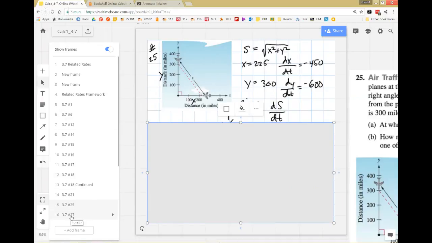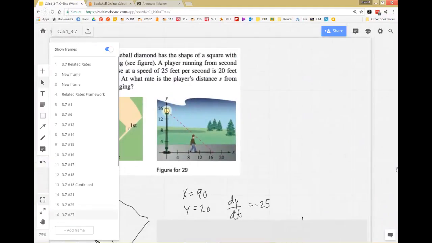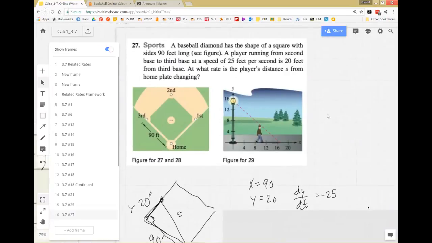The last one we're going to take a look at is number 27. So here we've got this thing all set up for us here. Sports, baseball, a baseball diamond. I know we all call a baseball diamond a diamond, but it's a square.